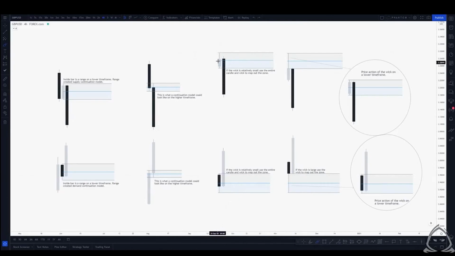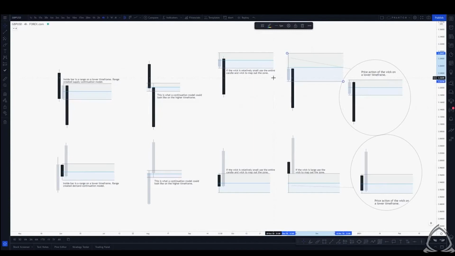Again, like I said, the candle body and wick are relatively small, so you can use the entire zone. But if we get into a situation like this, where we have a very large wick on either the downside or the upside that creates a supply or demand zone, if I just unlock this and move this to the downside, what we can see is that ends up creating a very large supply zone.